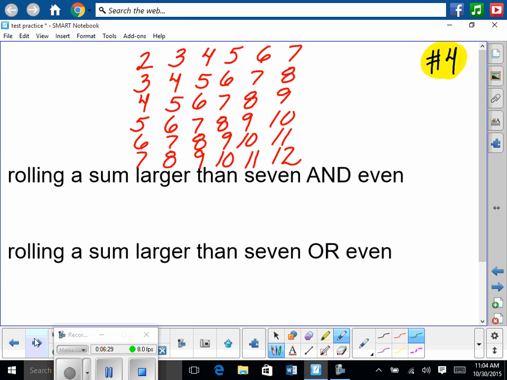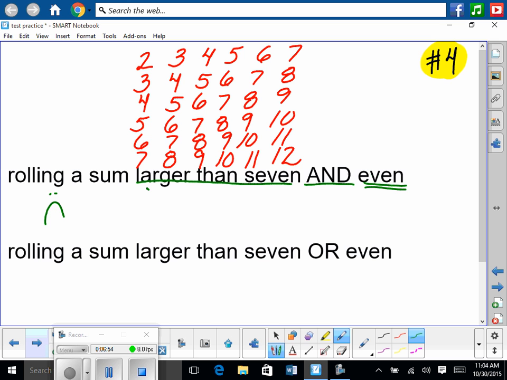All right. So now we'll answer the question. On number 4, it says, describe the event that the summing of the two rolled dice is larger than 7 and even. So this one's and. So this one we're going to compare. Well, and means intersection. So where is the sum larger than 7 and also at the same time even?